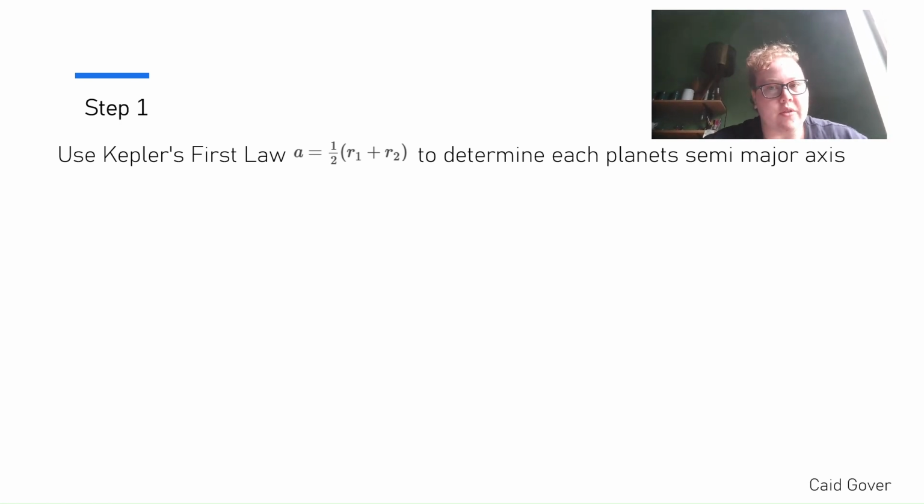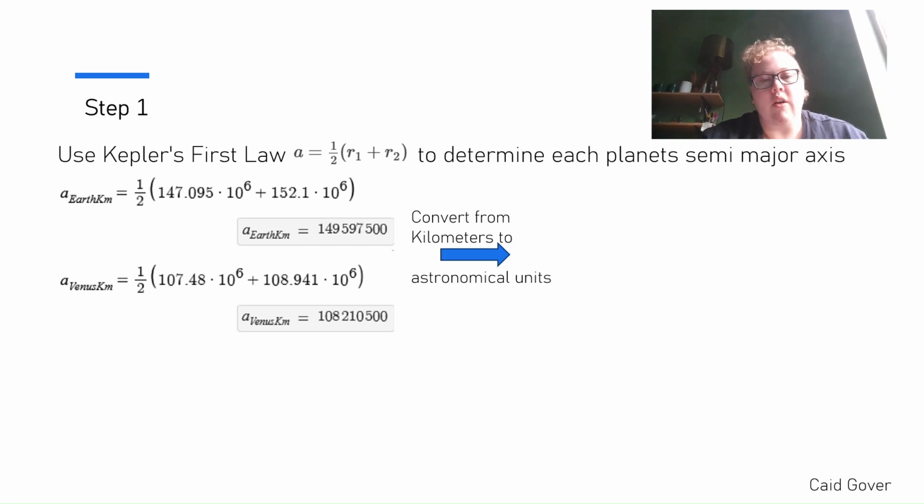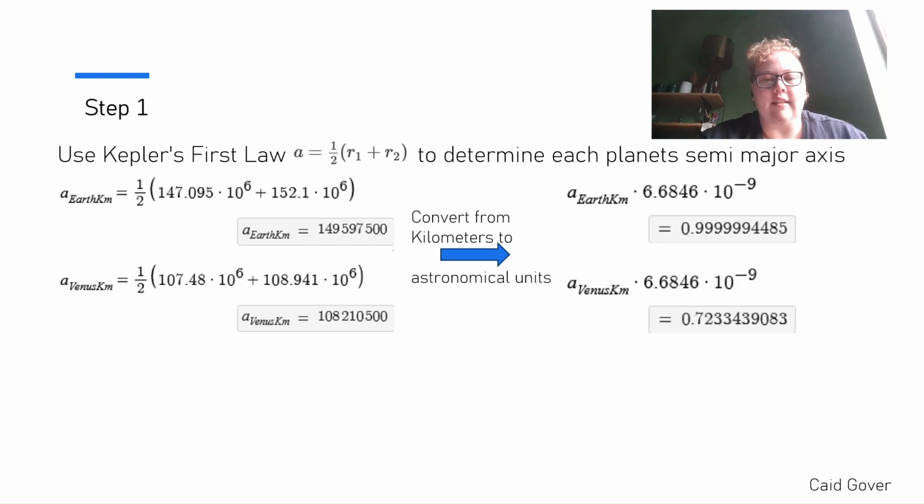My math is shown below, and that will be in units of kilometers, which we need to then convert to astronomical units. And then, as you can see, the semi-major axis of Earth is roughly 1 astronomical unit, and the semi-major axis of Venus is roughly 0.723 astronomical units.